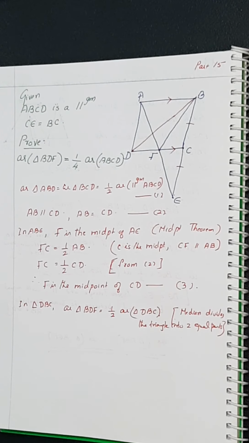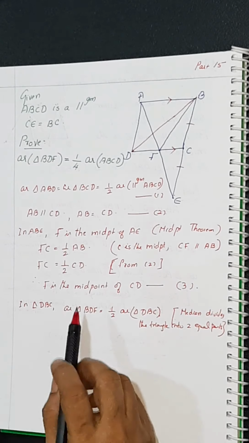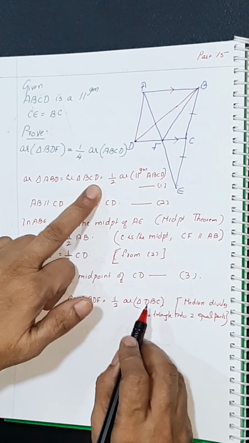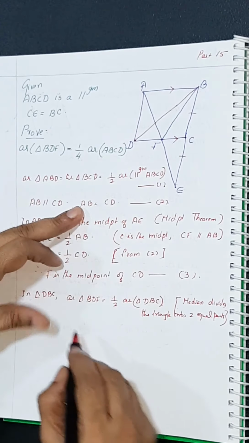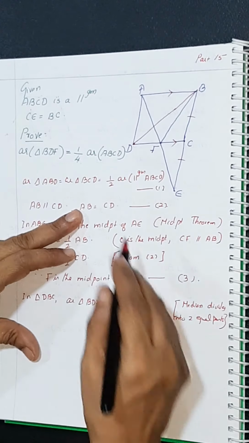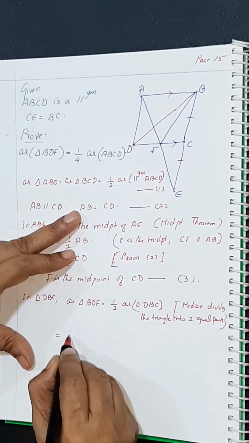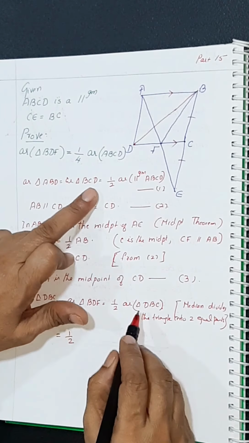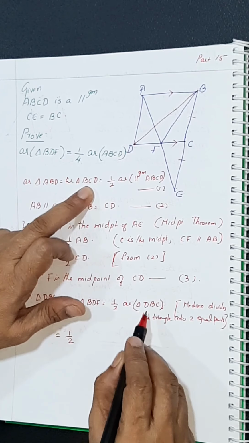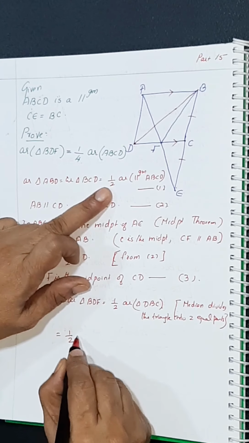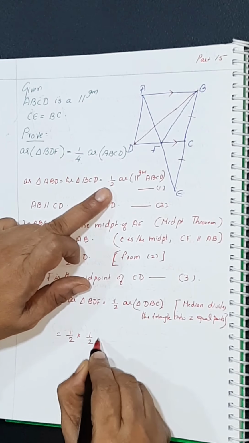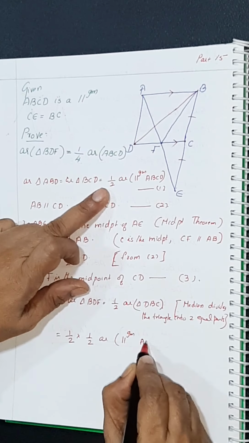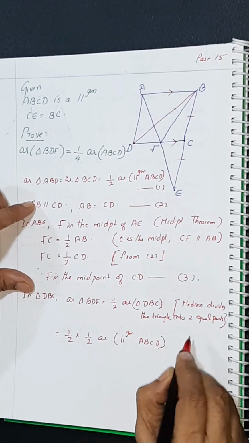So from this, BDF is equal to half of area of DBC, which we have already found here. We will substitute this here and you will get the answer. So this is equal to half into area of DBC, and DBC or BCD is one and the same, into half into area of parallelogram ABCD. This is from 1.